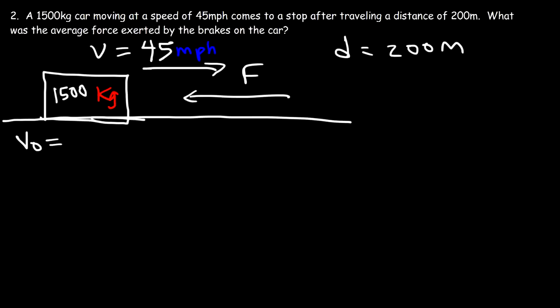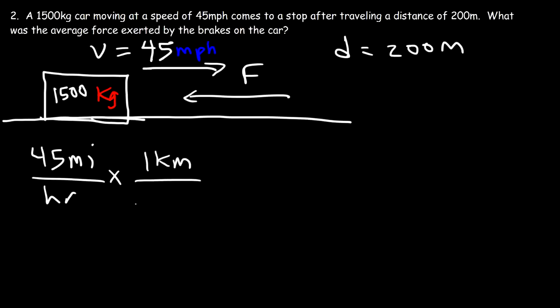Actually, before we do this, let's convert miles per hour to meters per second. So we have 45 miles per 1 hour. And 1 kilometer is 0.6214 miles. And 1 kilometer is also 1,000 meters.